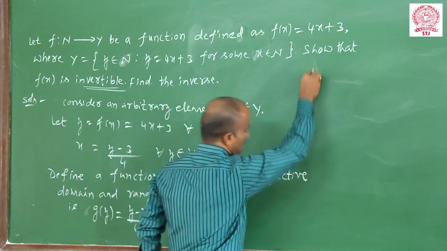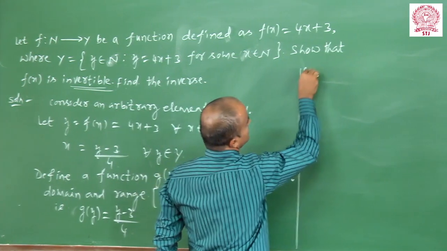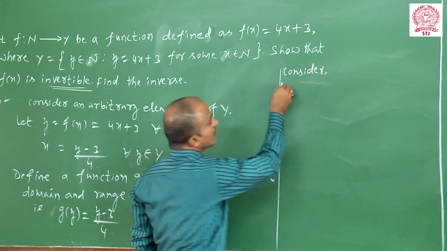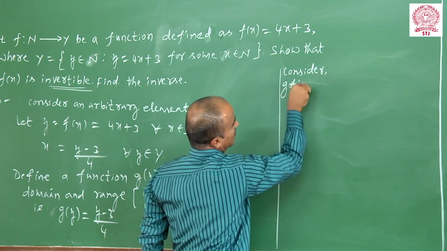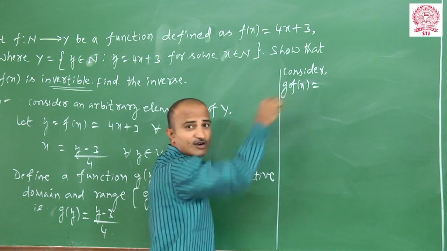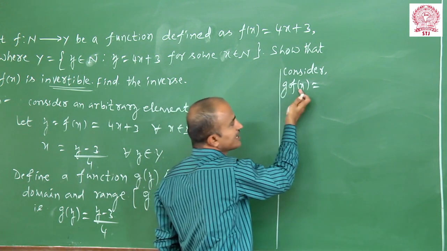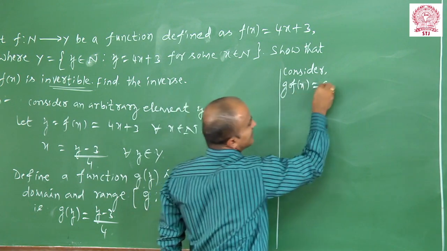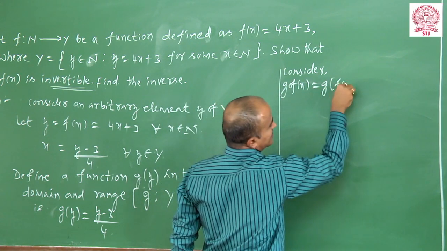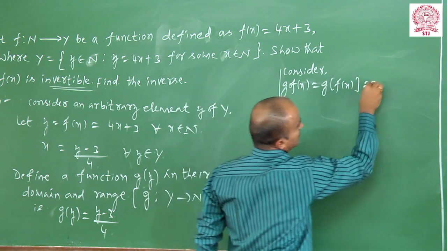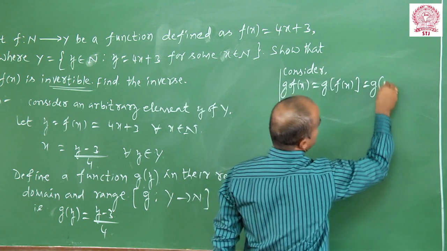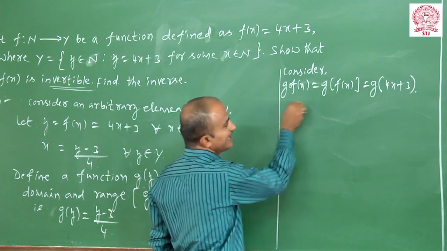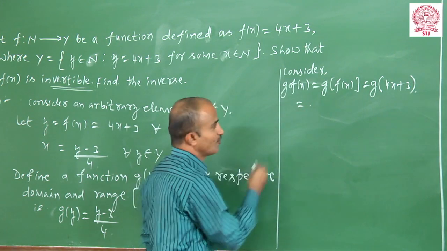Now, consider gof of x. By the composite function definition, we can rewrite this as g of f of x. What is f of x? They have given f of x is 4x plus 3. We have defined g of y as (y minus 3) by 4.